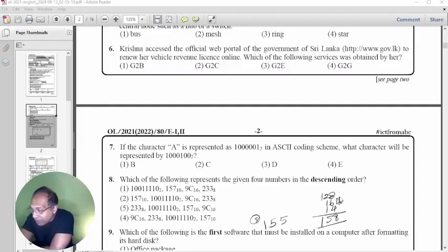This is the octal values representation, this is the binary values representation, and then we have 9C.